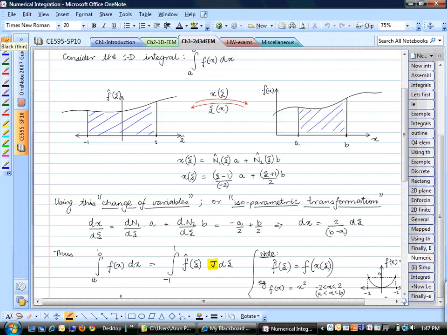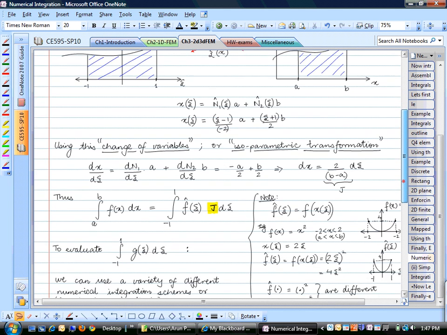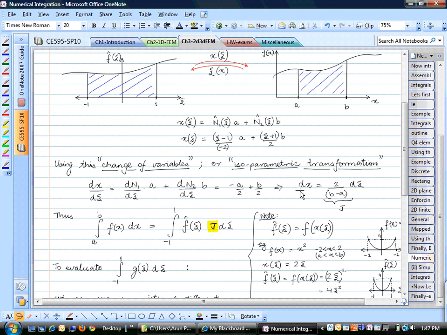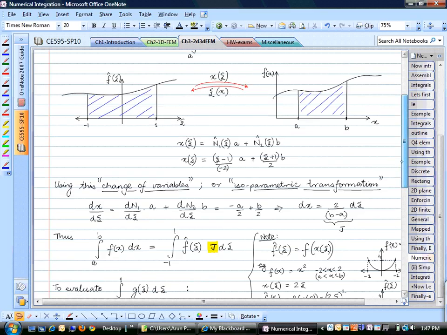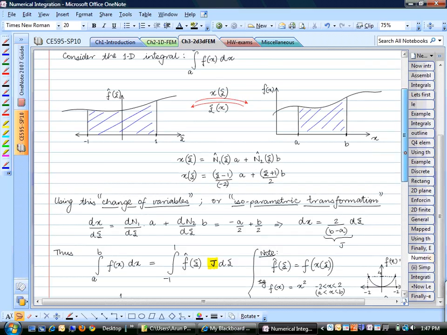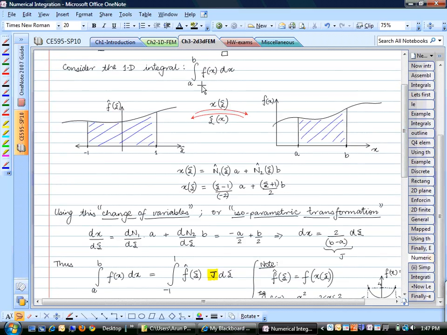We also denote this with J, the Jacobian in one dimension. We just talked about the Jacobian in two dimensions. This is nothing but the Jacobian in one dimension. So the idea is that now that you know that dx is equal to J times dc, all that you need to do is substitute for all those things in your original integral.